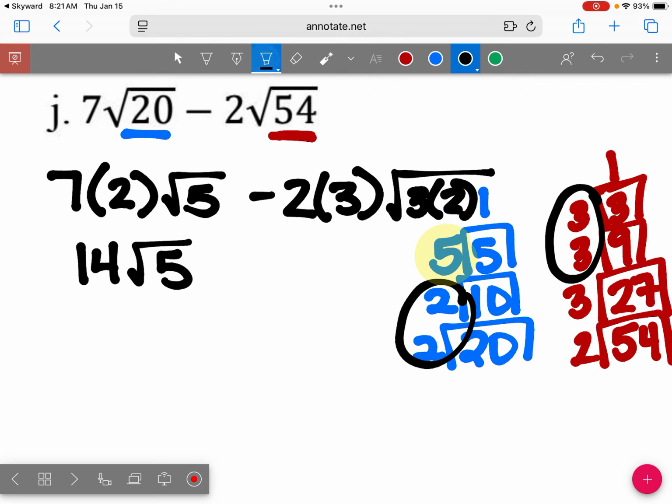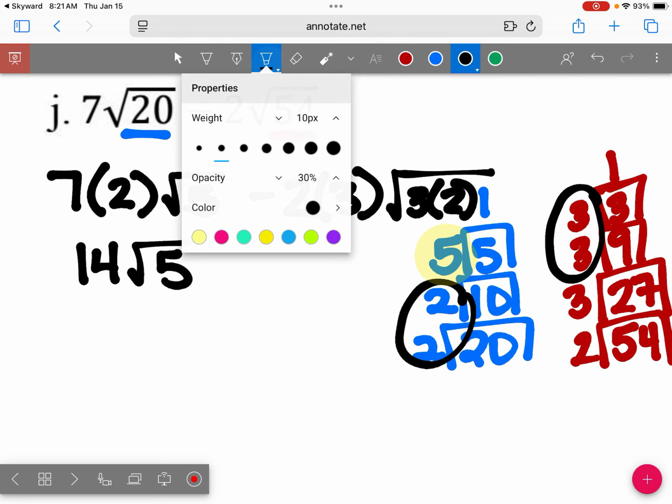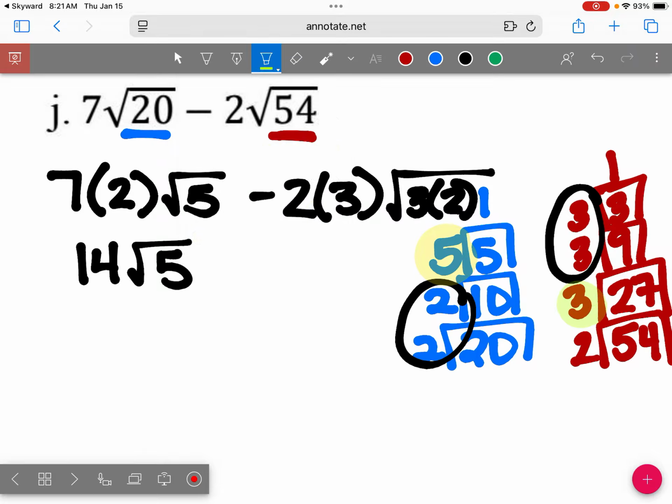So both of these numbers have to stay. Neither one of them had a twin. You have to have a twin to get out. So I'm going to bring down my subtraction sign. 2 times 3 is 6. Oops, I didn't mean to put a radical. Radical 3 times 2, which is also 6.